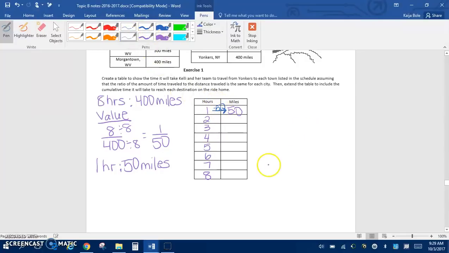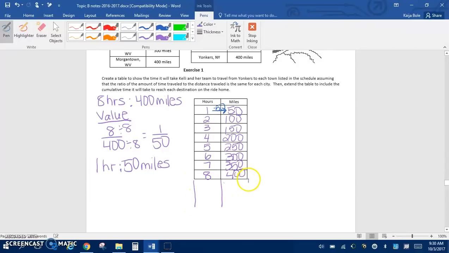So 2 times 50 is 100. Then we get 150, 200, 250, 300, 350, and then 400.